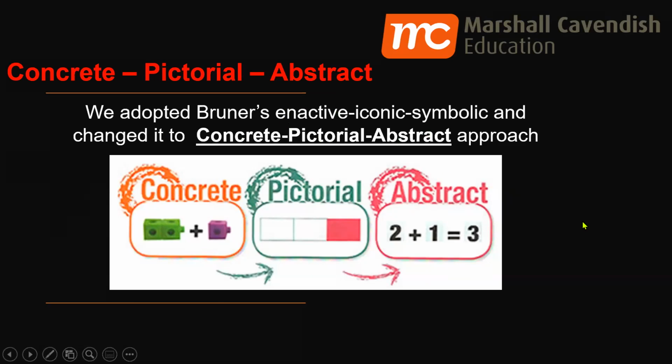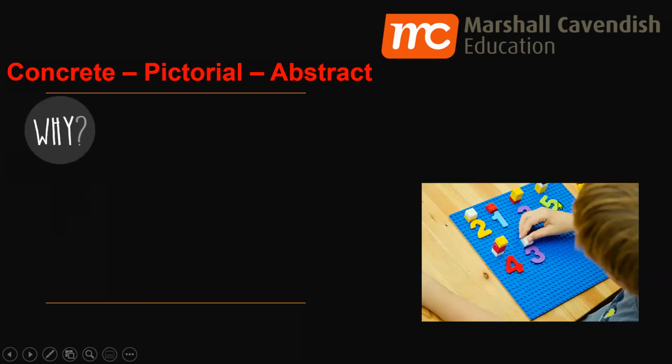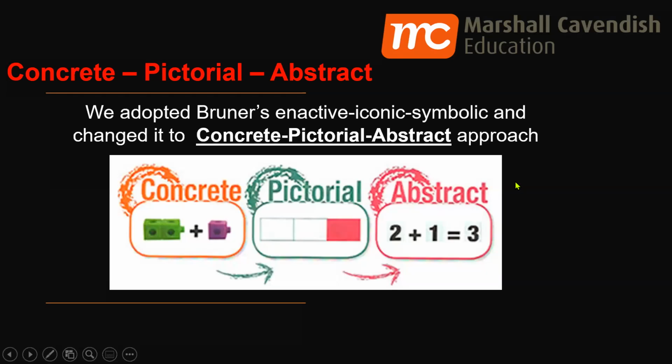Bruner believes that learning takes place in different stages. At every stage, children will go through a certain level of understanding, to bring about the understanding, to deepen the concept of very complex and difficult mathematical concepts.